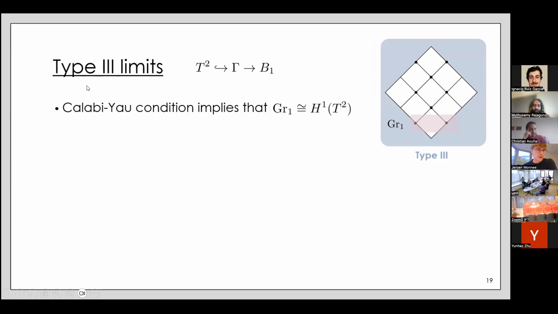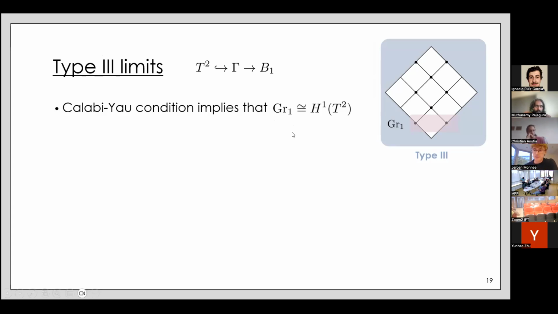Okay, so in the type 3 limit, we will have a T^2 fibration over some one-dimensional base. And the question is, what can that base be and how many options do I have? So for this, essentially what we use is that the Calabi-Yau condition tells you that the space Gr_1 is two-dimensional. And from the fact that it forms a mixed Hodge structure, we know that it should correspond to the first cohomology of some curve that arises in these various intersections.